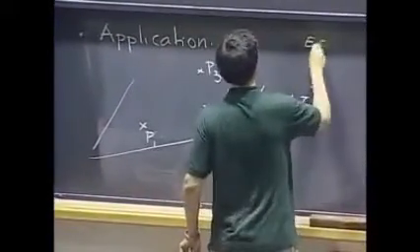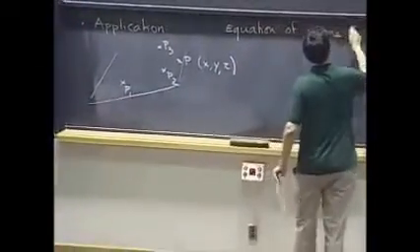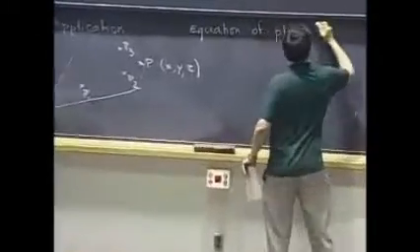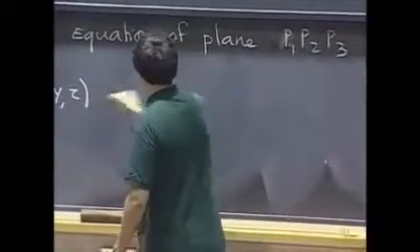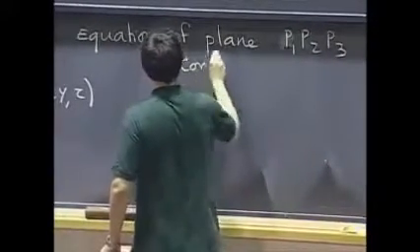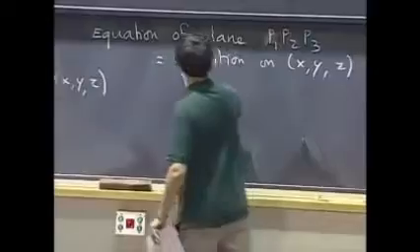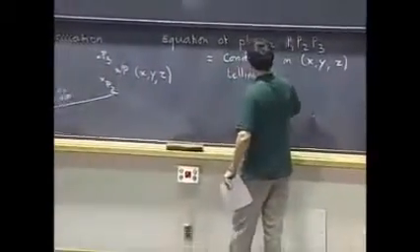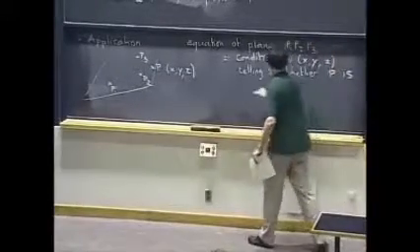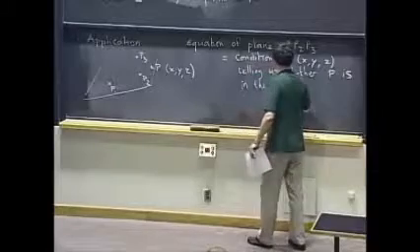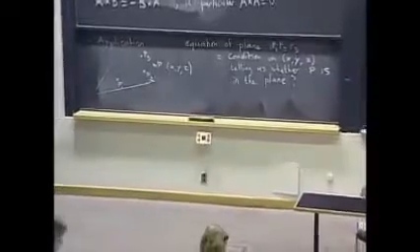Well, the equation of the plane containing P1, P2, and P3 means we need to find a condition on the coordinates x, y, z telling us whether P is in the plane or not. Okay, so we have several ways of doing that.